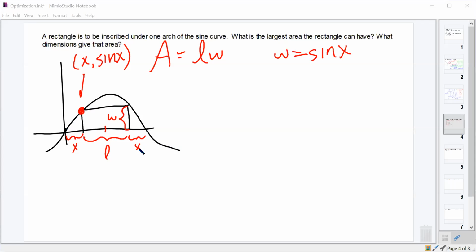And exactly, Adrian, since we know that this is a sine curve, one x-intercept to the next x-intercept is pi units long. So the length ought to be pi minus 2x. Everybody good with that?